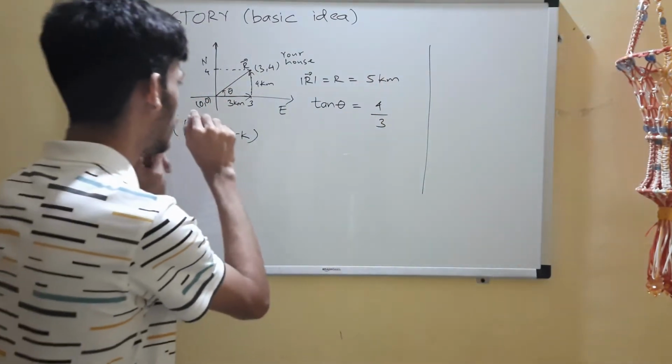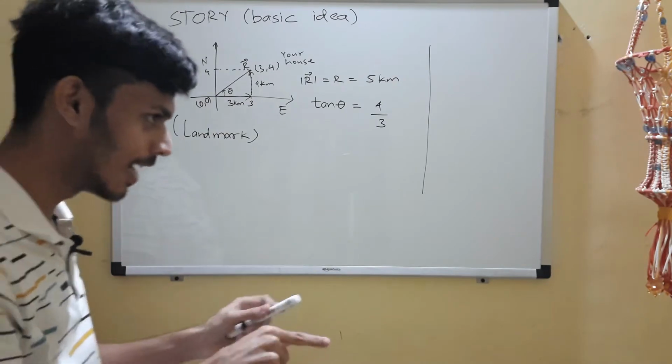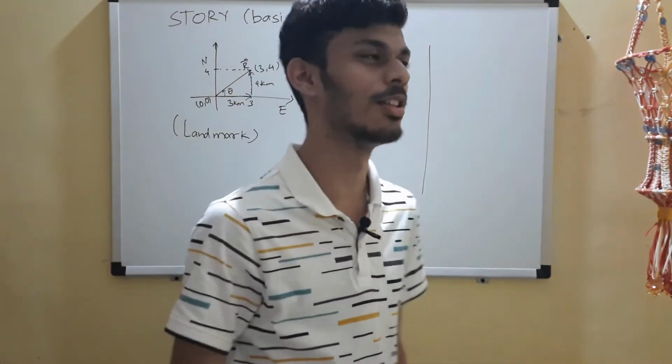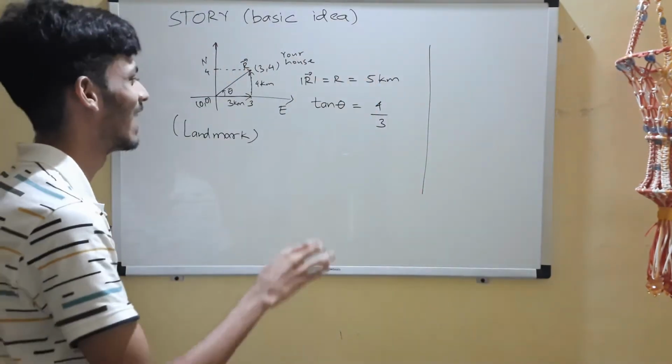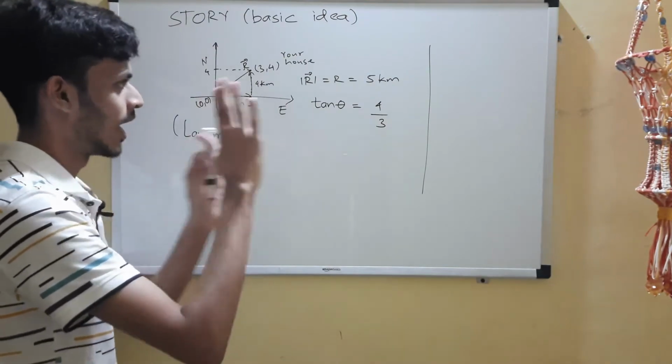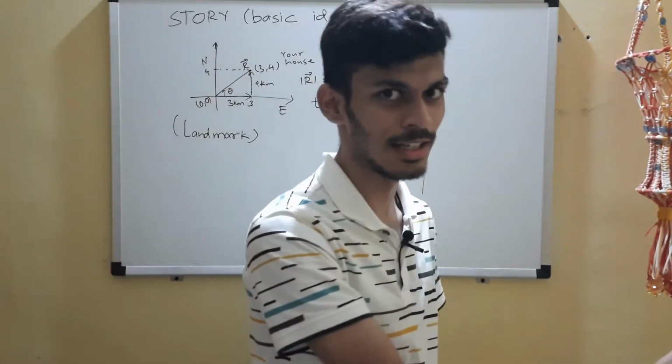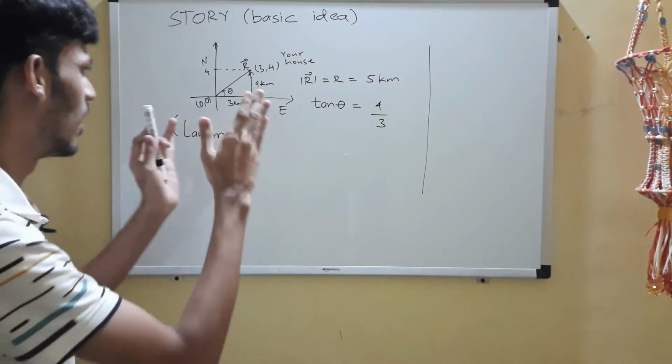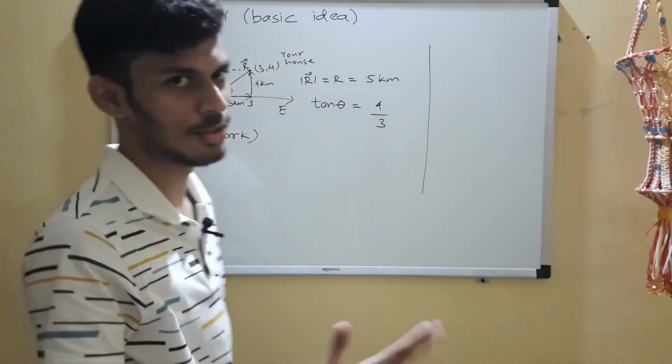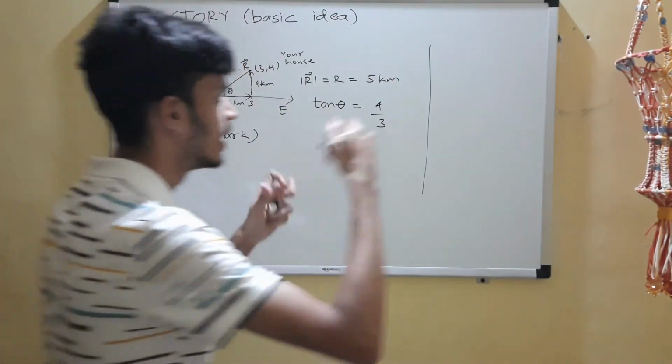So I'll tell him to walk 3 kilometers east from the landmark. Now he'll have a compass on his phone, so don't be that literal. I'll tell him to walk 3 kilometers east, turn left, and then walk 4 kilometers north.